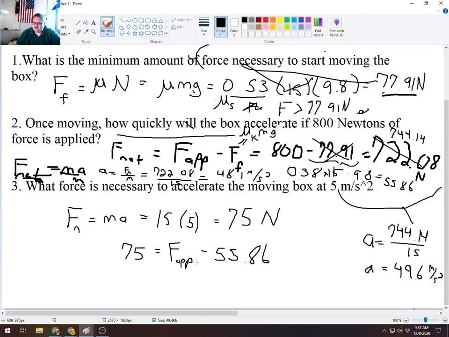Okay, so then it's pretty obvious now. To get the force applied, just add 55.86 to both sides. So 75 plus 55.86 is the total applied force. I got 130.86 newtons. So that is the amount of force you would have to apply in order to accelerate at 5 meters per second squared.